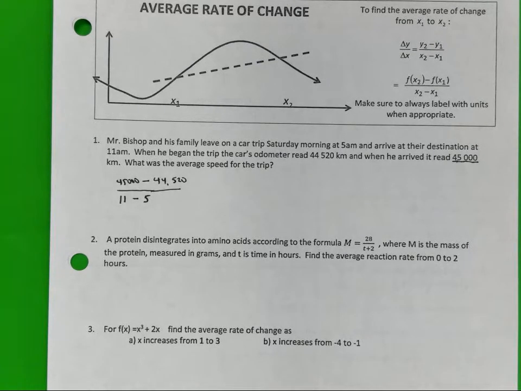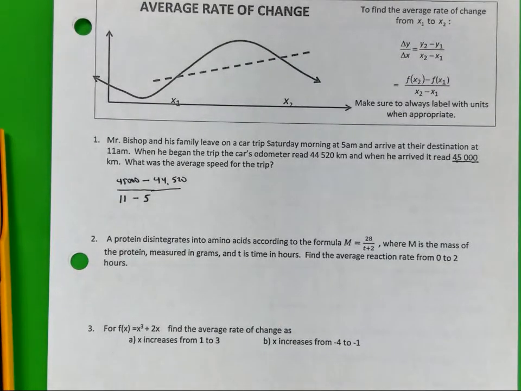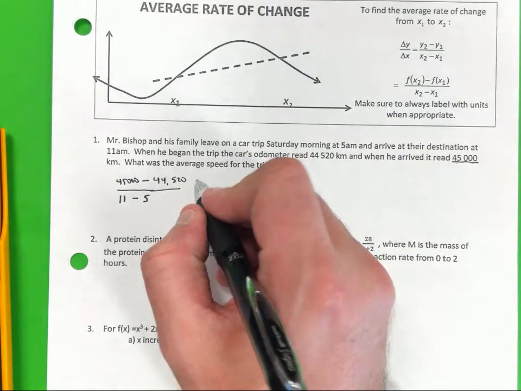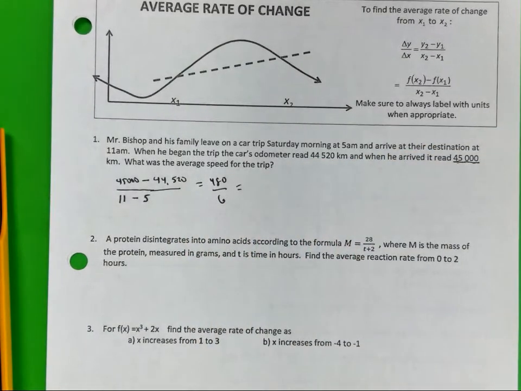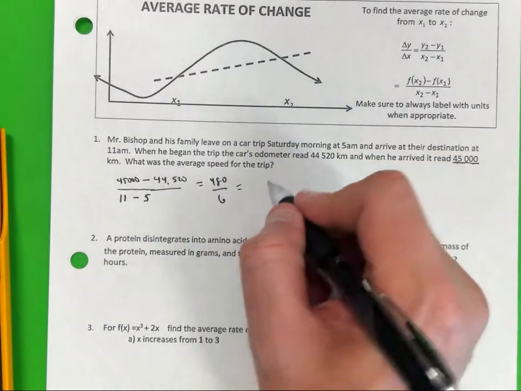So how is this different? How is it different from linear functions? Linear functions have a constant slope. Like if your slope was negative 3, it would be down 3 over 1, down 3 over 1, down 3 over 1, down 3 over 1. But in a non-linear function, your graph shape changes. 480 divided by 6, that's 80.